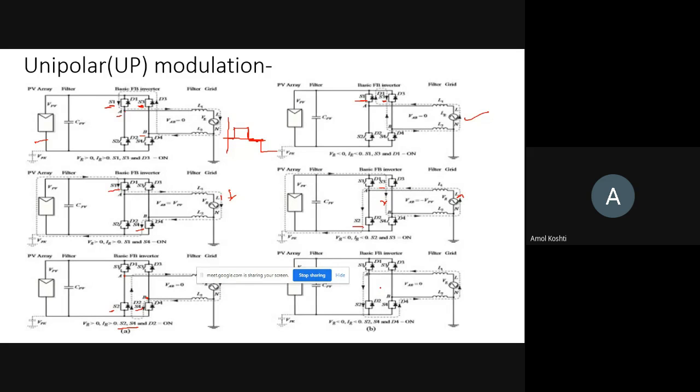Again, to produce the 0 output, two switches from the two different legs which are not diagonally opposite are turned on, and 0 output is produced. Here the 0 component in the output is more.